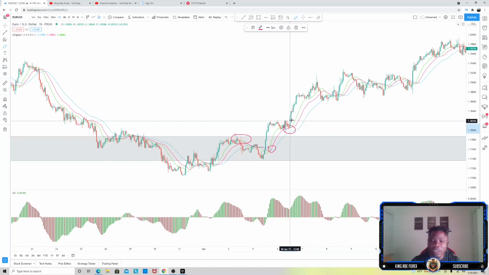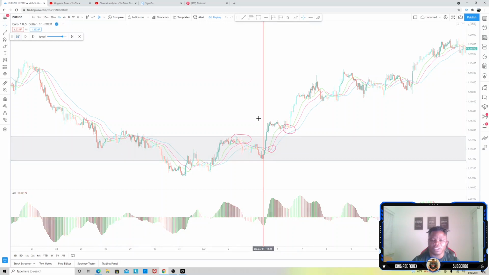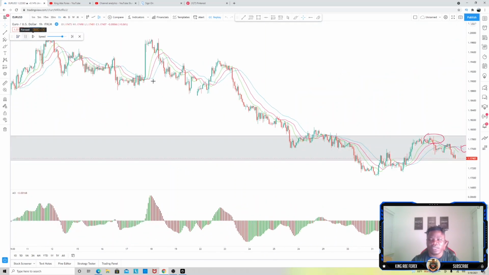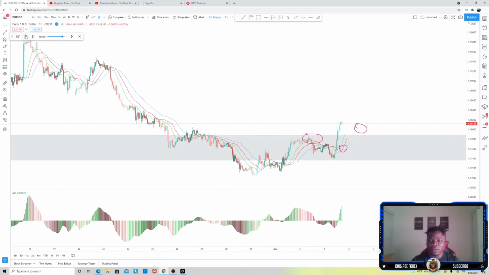Now, let's put this in replay mode so you guys can actually see in action where your entry would have been. Let me replay this, and we're going to start from right here when price closed above the resistance. Bam, price closed above your resistance, and the alligator actually crossed.